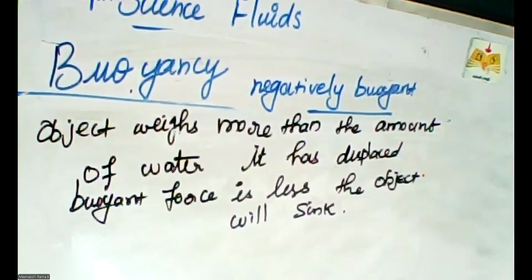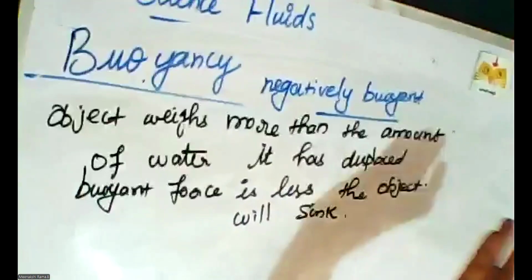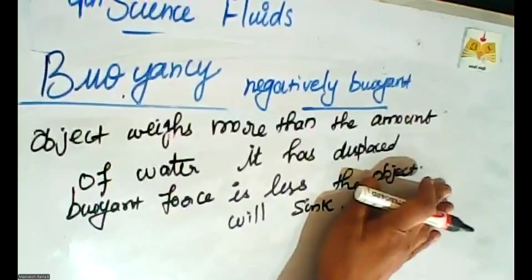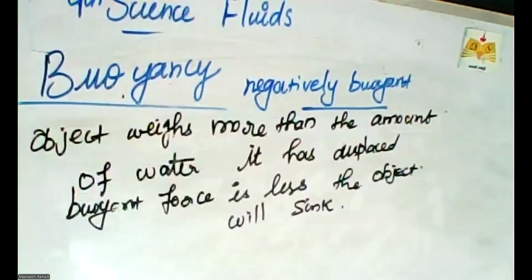There are two kinds: positive and negative. If the object weighs more than the amount of water displaced, it is negative. Less means positive buoyant.